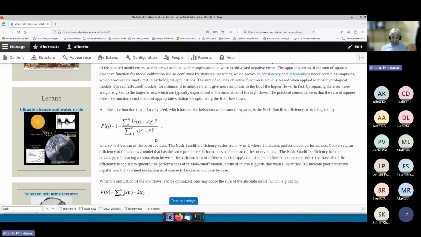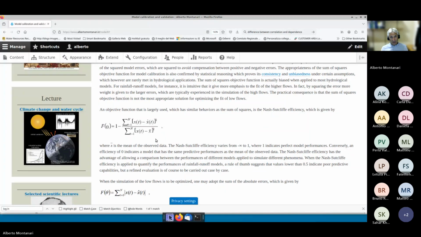So it is maximized, not minimized. Typically we use the word optimize, and optimize includes both minimize and maximize. Be aware of these differences, minimization, maximization, and if something is not clear to you, ask questions, okay? So least squares is to be minimized, and Nash efficiency is to be maximized.